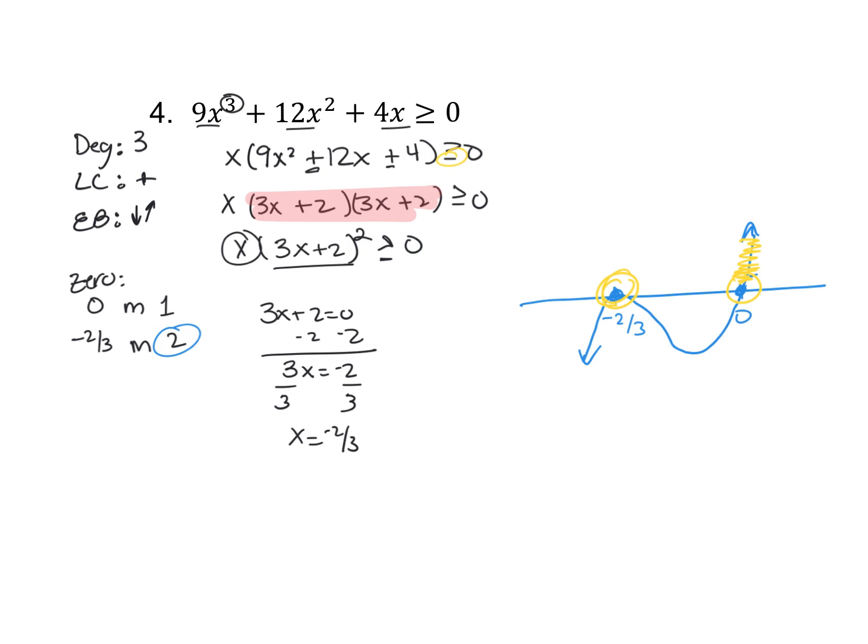I know it's going to be 0 with a bracket to infinity. But now I got to look at the other side. It's got to be a union. Now, if I just have a point and it's included, it's not going anywhere, it's just that dot itself, I'm going to have to make it a bracket, negative 2/3. So this is our solution.